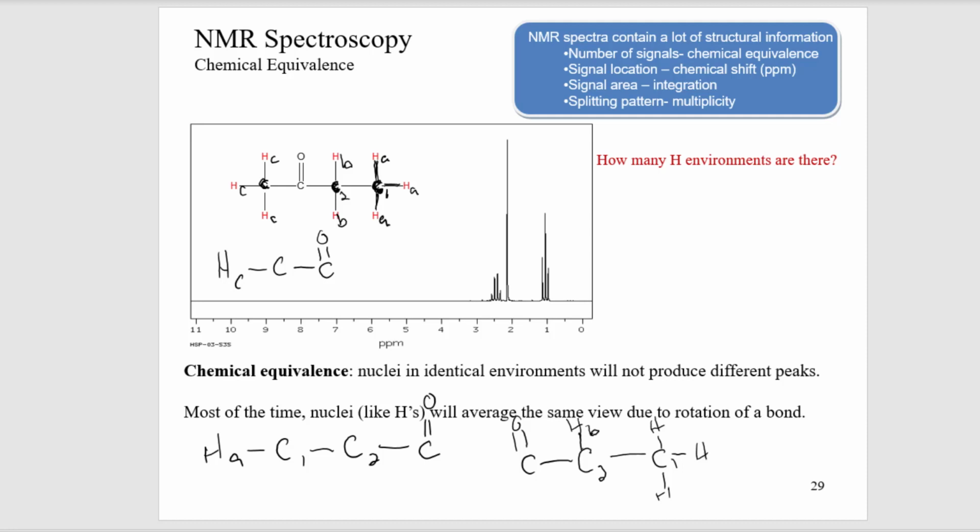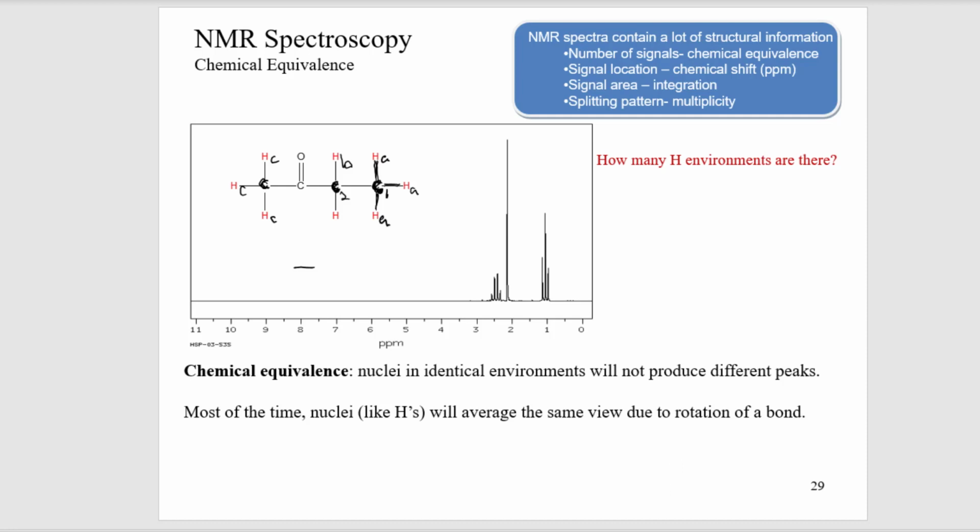Same thing for HC. HC doesn't have any neighbors on one side, but the carbon next door immediately is a carbonyl. So we're going to bring this neighborhood and houses idea back a little bit later. But this is what gives us three different signals. Each one of these is a signal, this is a signal, and this is a signal.